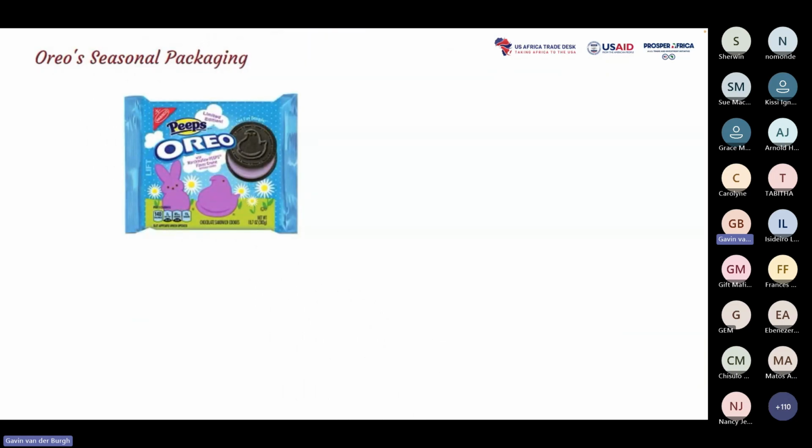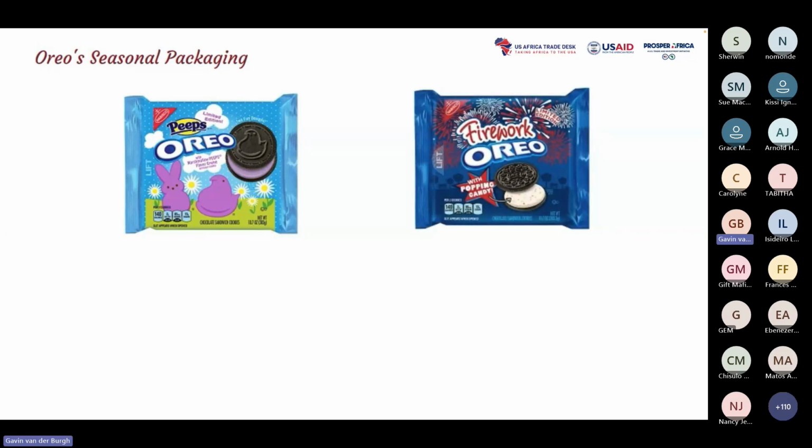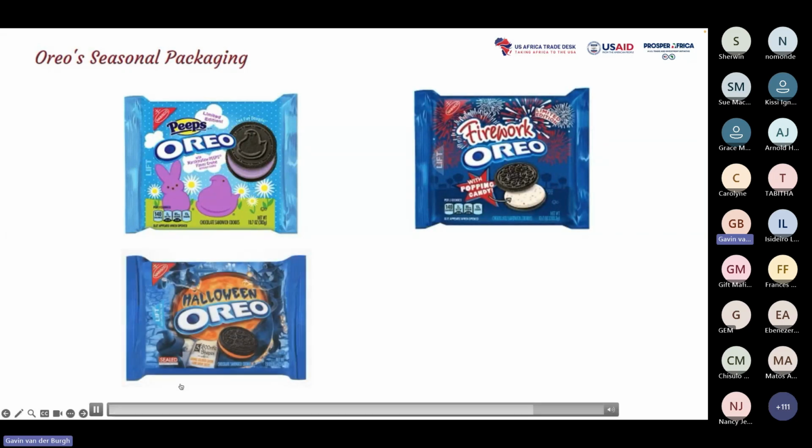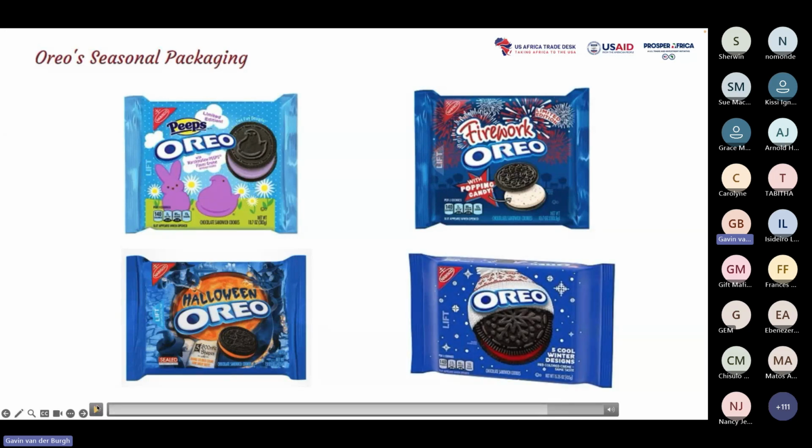Then also think about whether your product is one of those items that we consider a seasonal LTO. If you've got a chocolate or even a pickle, for example, consider when you might want to change your packaging to focus on a very specific time of the year here in the United States. Here are 4 classic examples.